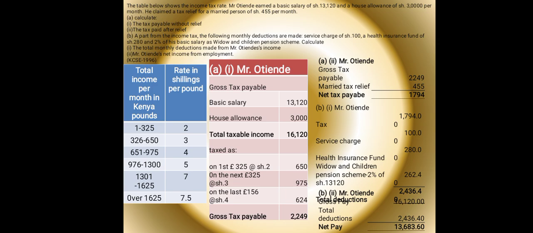So the total deductions from his pay slip accumulate to 2,436 shillings and 40 cents. Now what is his net pay? We have the gross pay minus total deductions to get the net pay of 13,683 shillings and 60 cents.